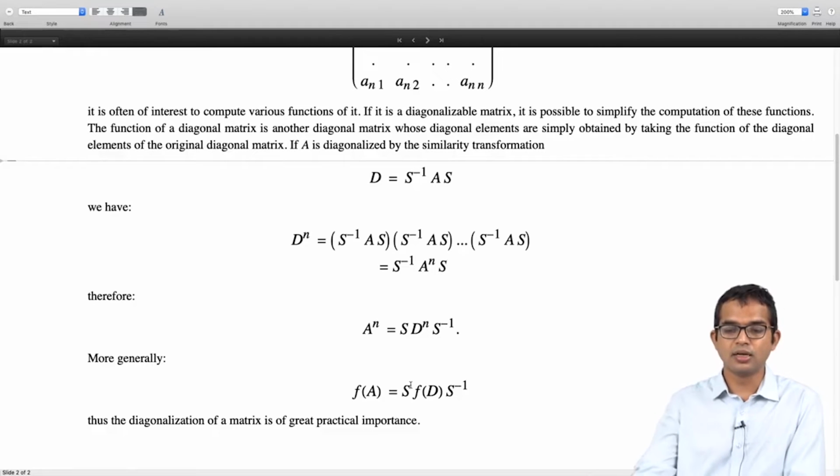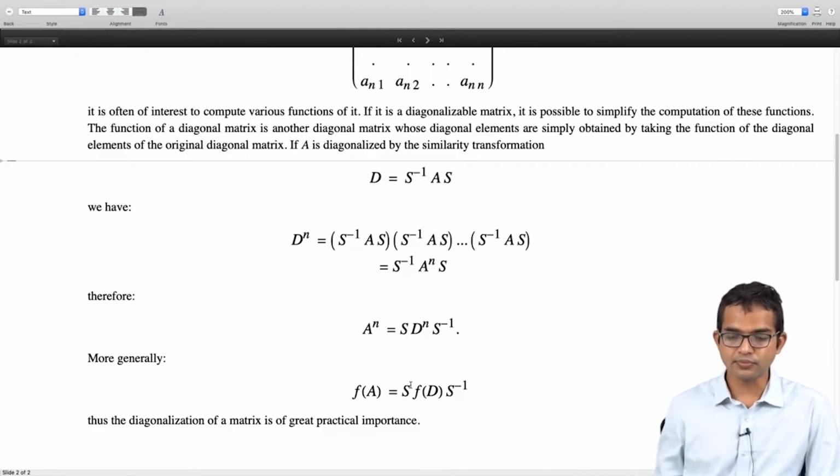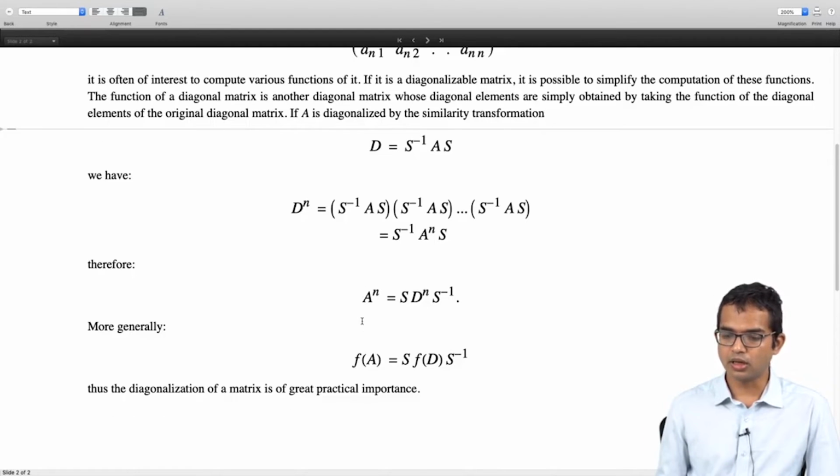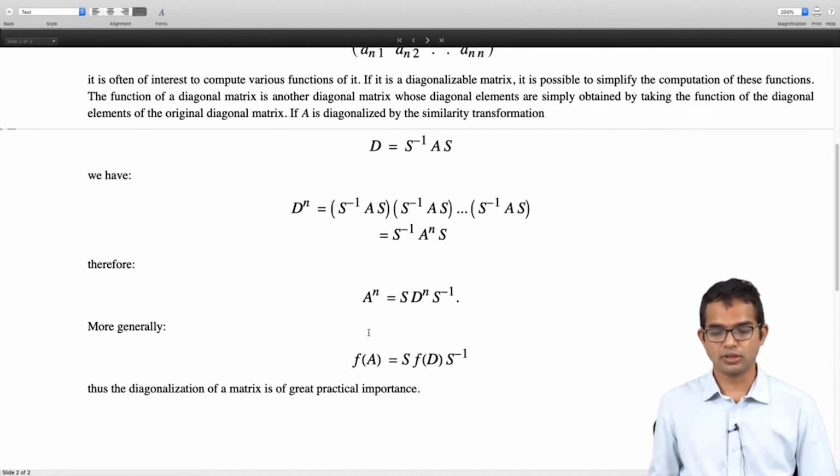But I'm telling you that lots of physics problems involve diagonalization, sometimes diagonalization of large matrices, and many calculations which involve matrices are best handled with the help of diagonalization routines, right? So this is just a very, very brief discussion of how diagonalization can help us to compute functions.